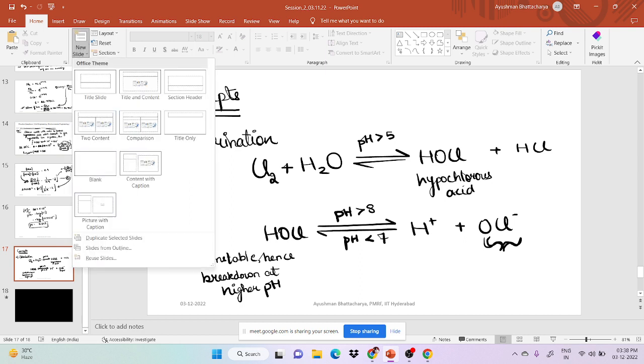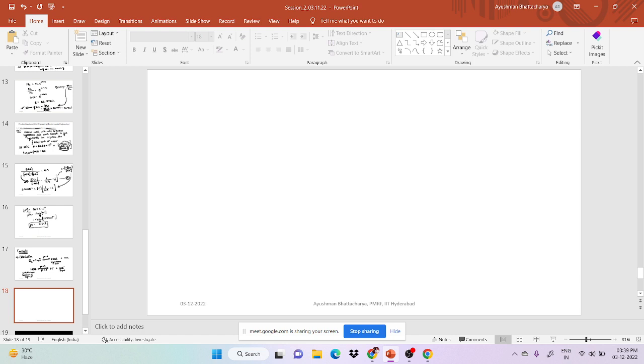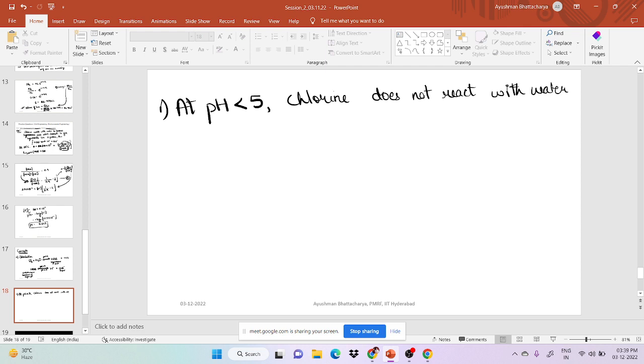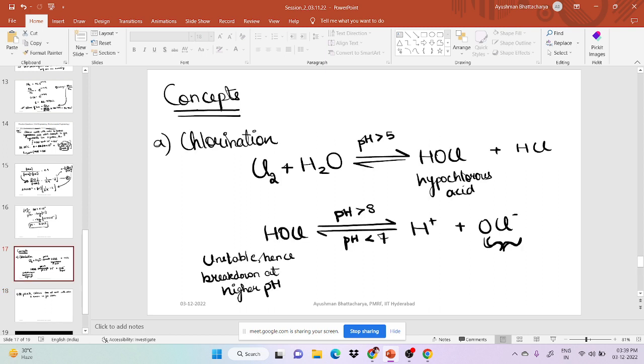So now I will write the entire thing. The following conclusions are: at pH less than 5, chlorine does not react with water and remains as free chlorine. From equation 1 you can see, at pH less than 5 Cl2 won't react.